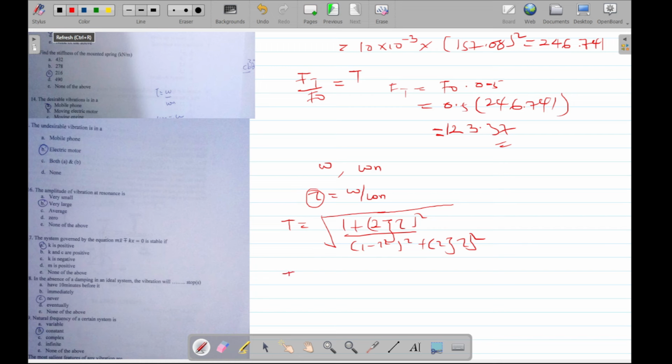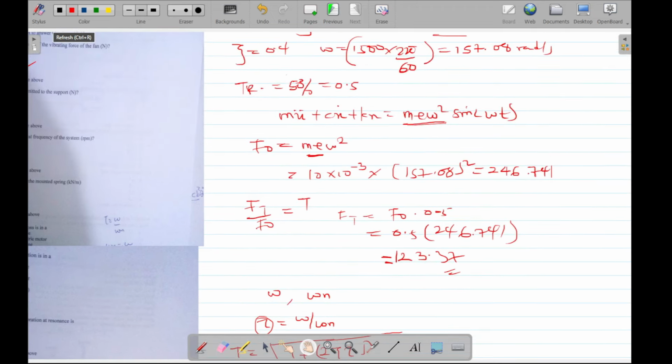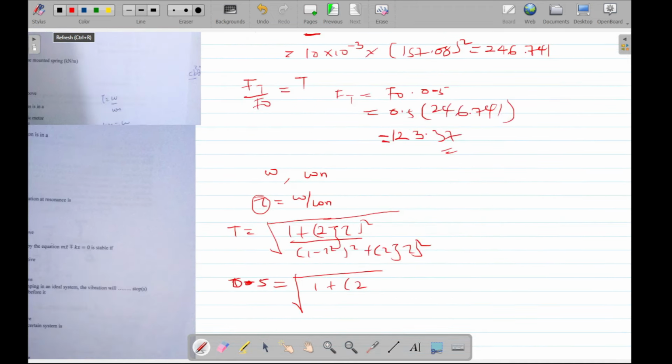You're going to have something like T, which is 0.5, equal to square root of 1 plus 2. The damping coefficient is given as well, 0.4. So you put 0.4 times 0.4, and the tau you don't know, you represent by a variable, let's say x or y.